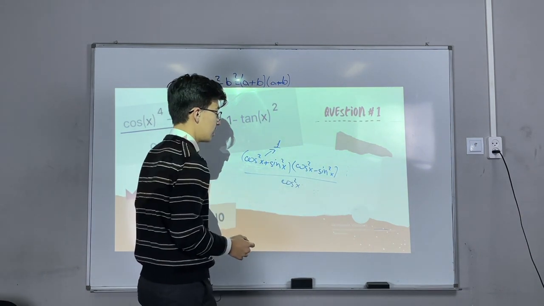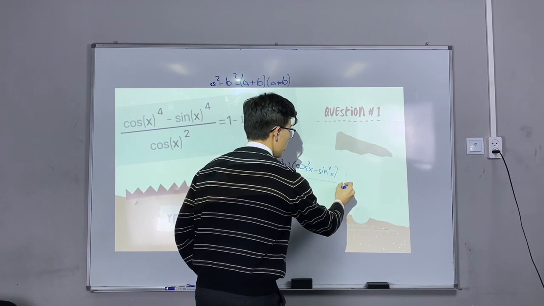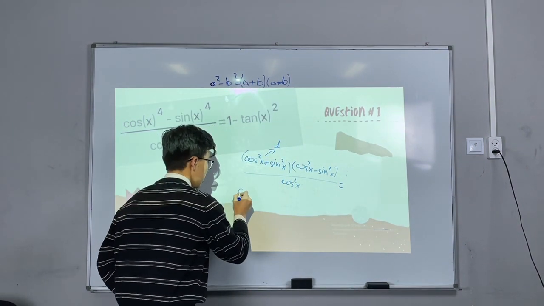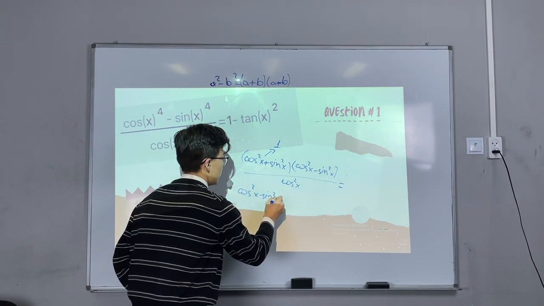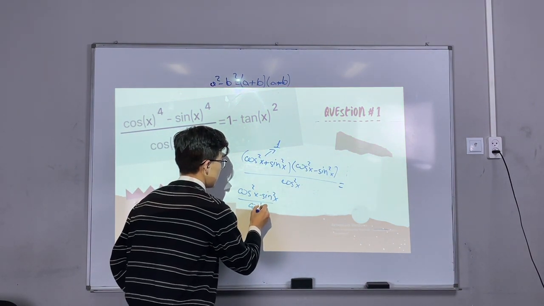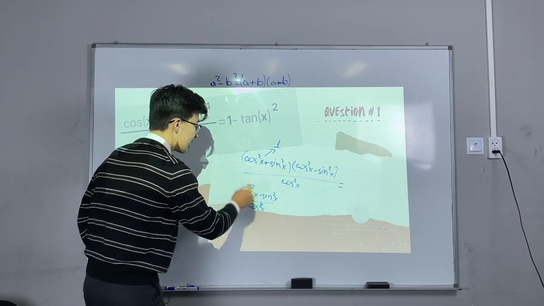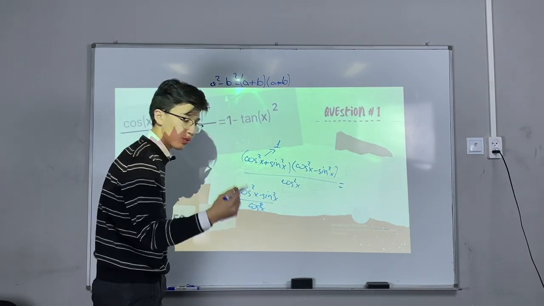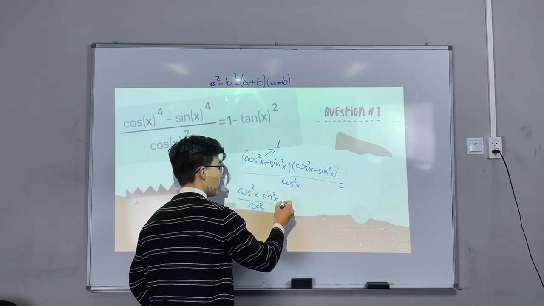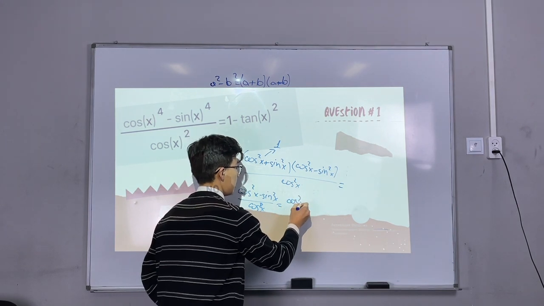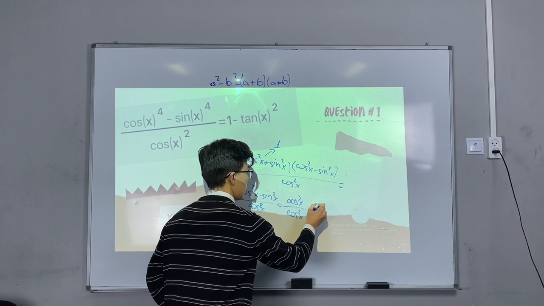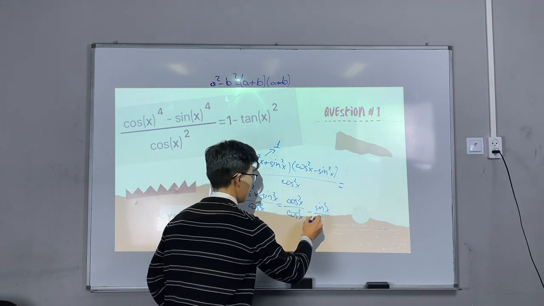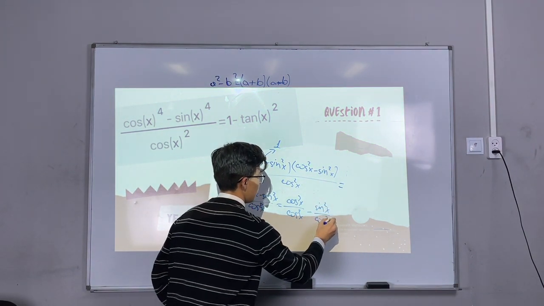And what about that 1? We can write it here: cosine squared x minus sine squared x divided by cosine squared x. And we can rewrite this by factoring it: cosine x squared divided by cosine x squared minus sine x squared divided by cosine x squared.